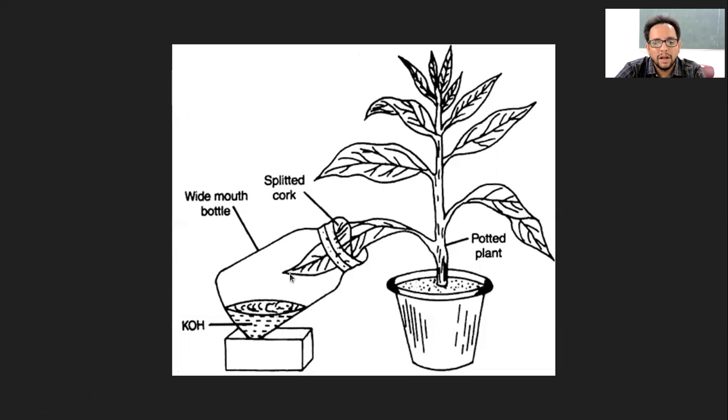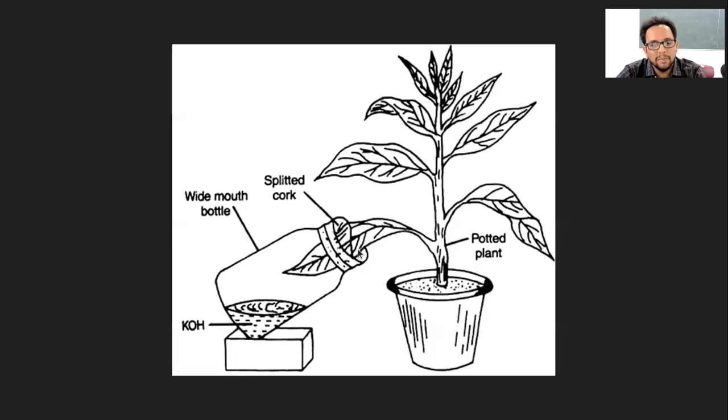This half of the leaf needs carbon dioxide, which will not be present in the inner portion of the flask. So the half of the leaf inside the flask will not be able to perform photosynthesis, while outside photosynthesis will happen. That means starch will be prepared outside.